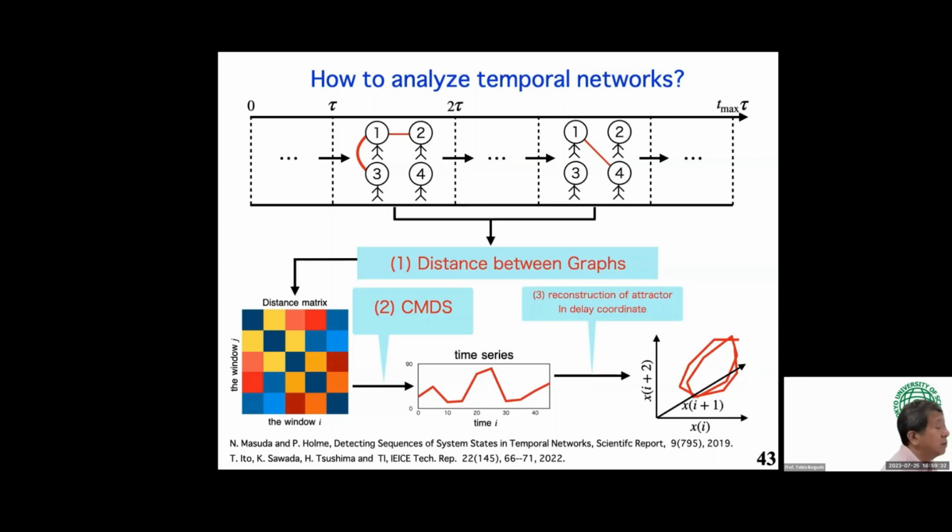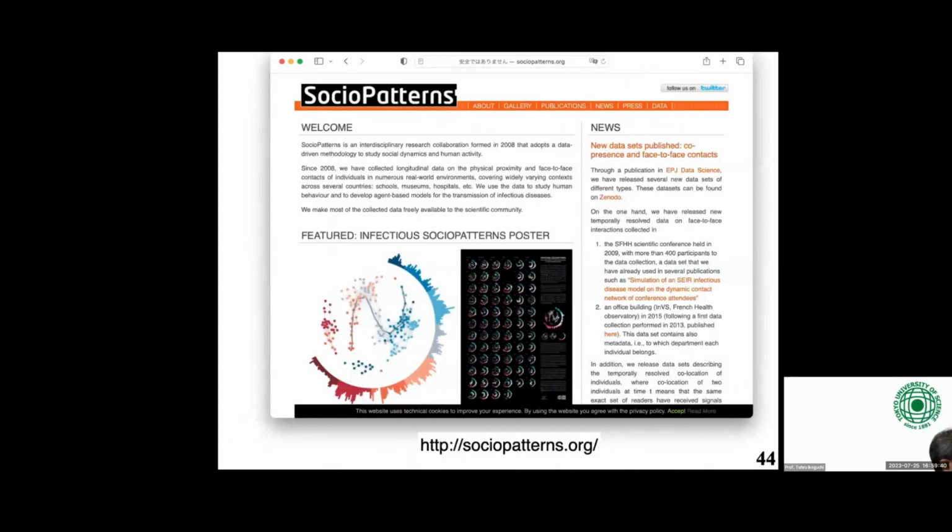So first, let me explain method 1, calculating the distance between graphs, from the next slide. I'm sorry, before going to that, I'd like to introduce what kind of temporal networks we used. I've already explained that we used two kinds of data sets. The first temporal network we used comes from human contact data.